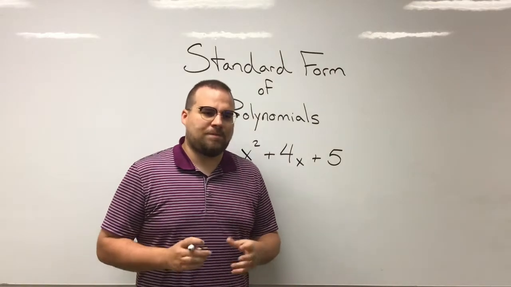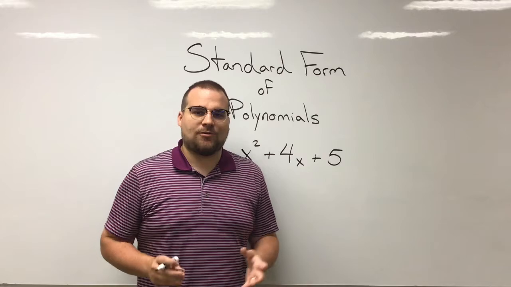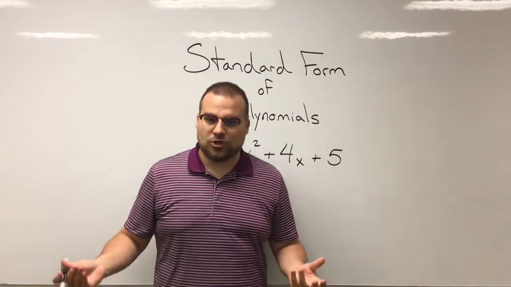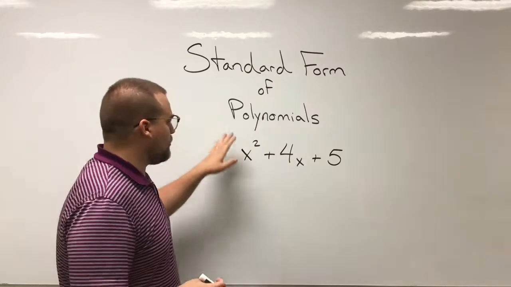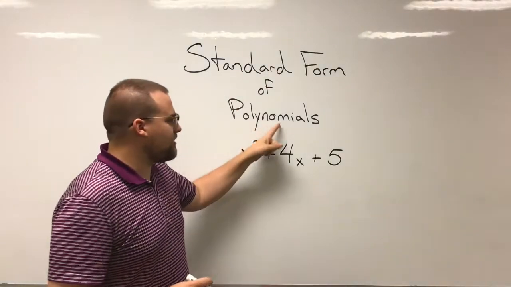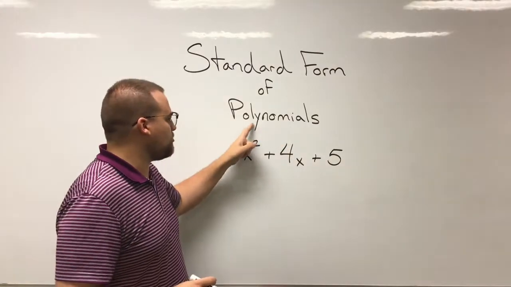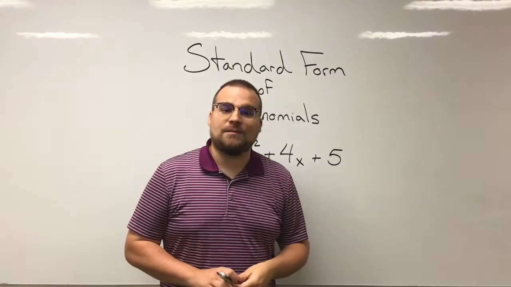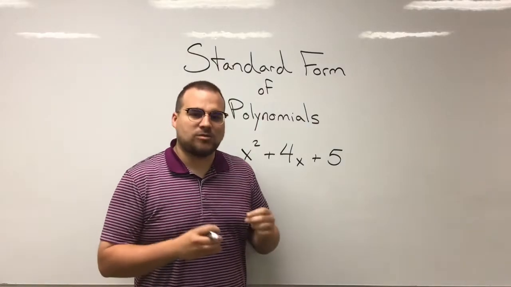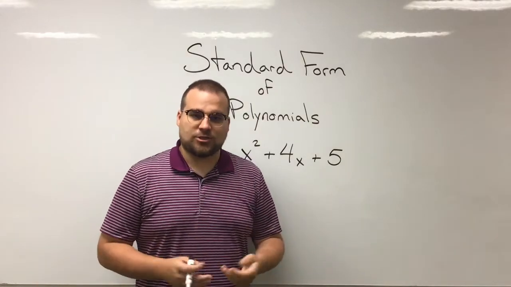If you recall our binomial definition, we broke down the word into its two parts: bi meaning two and nomial meaning terms. Well, let's take a look at the word polynomial. Nomial still means terms, right? But it starts with the word poly. Poly means many or multi. So this is a multi-termed expression.